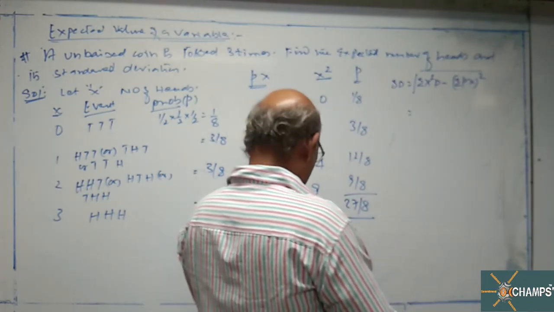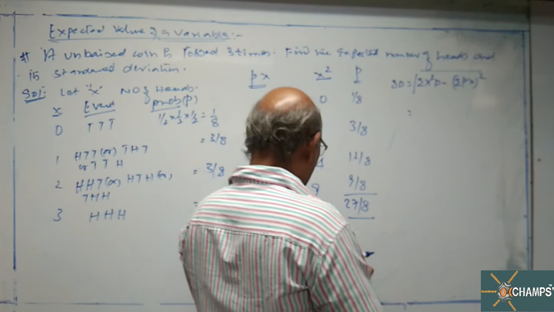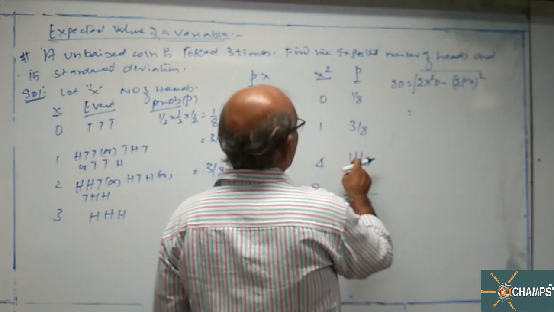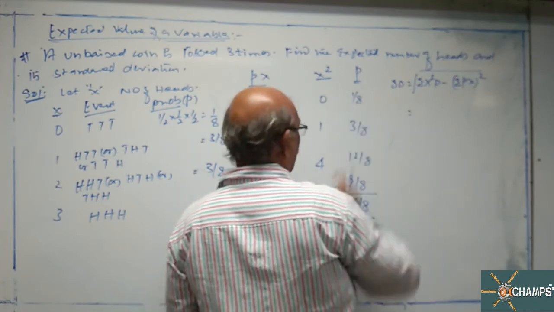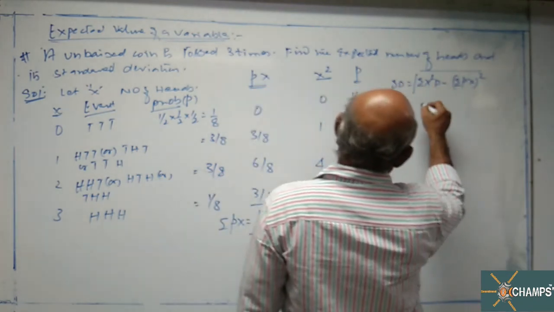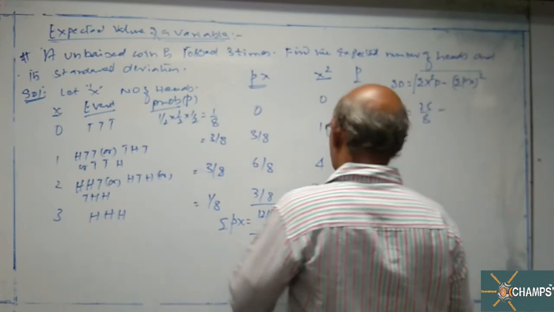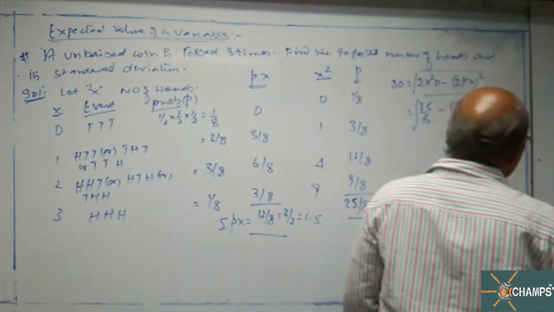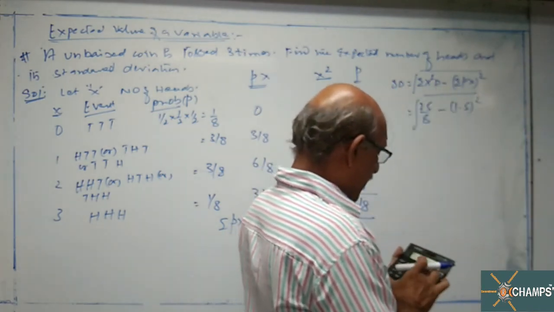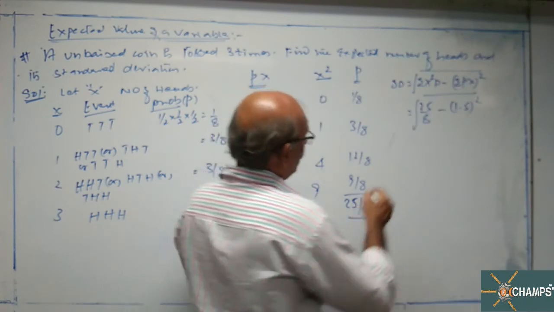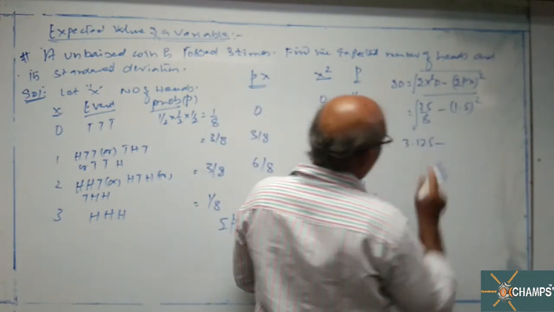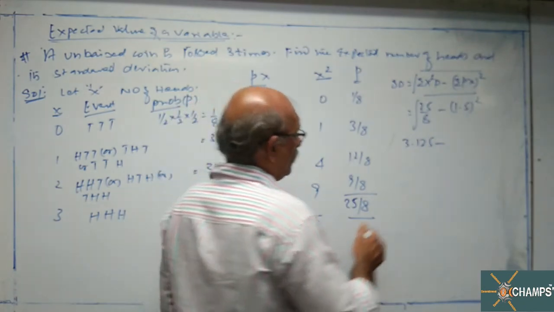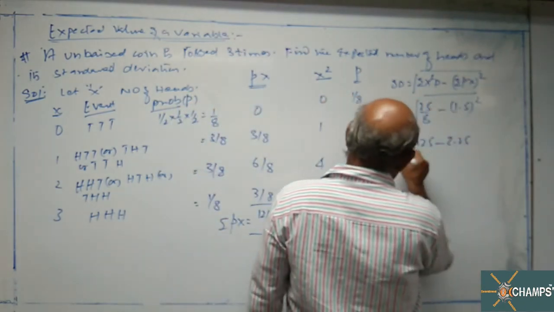So this is 25 by 8 minus 1.5 whole square under root. 25 divided by 8 is 3.125 minus 1.5 into 1.5 is equal to 2.25 under root.